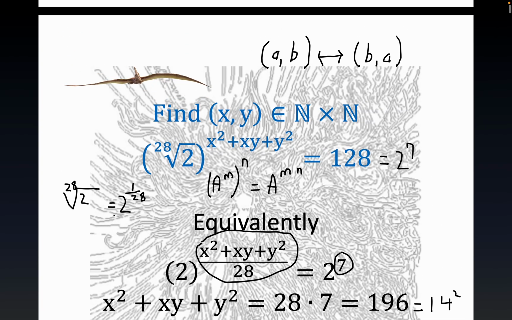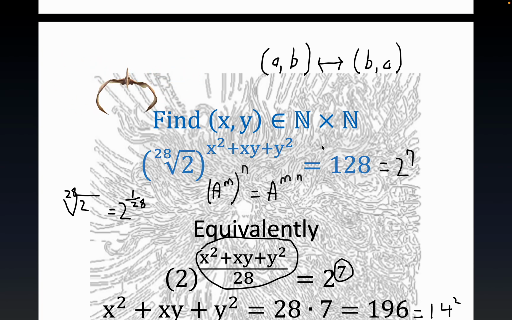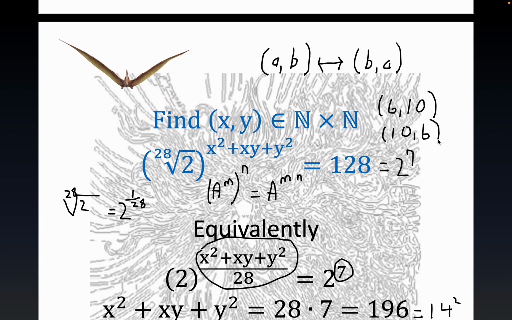So the two solutions I get, folks, are (6, 10) and (10, 6). And I'm not even sure, there may be real valued solutions, maybe complex solutions right here.